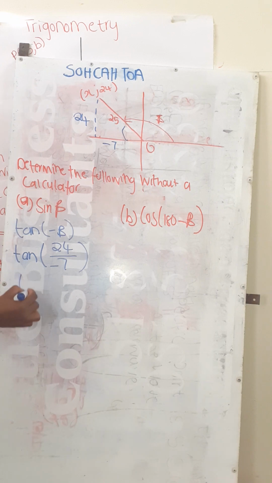Oh, sorry, it's also negative in this quadrant. That's quadrant B. So you will say this, the negatives will cancel, and then you have a positive 24 over 7.